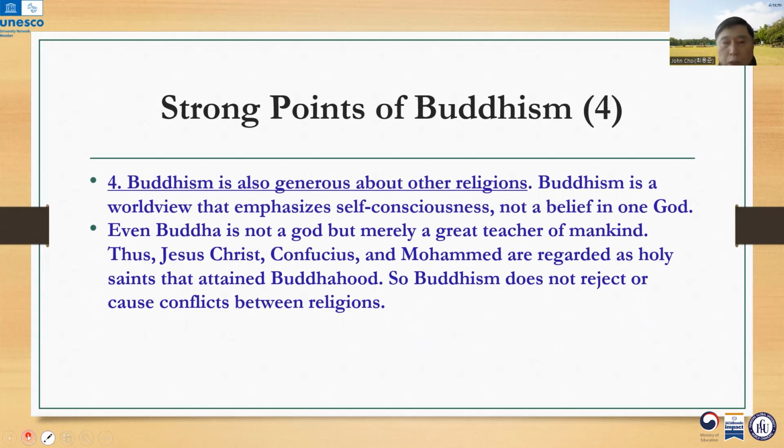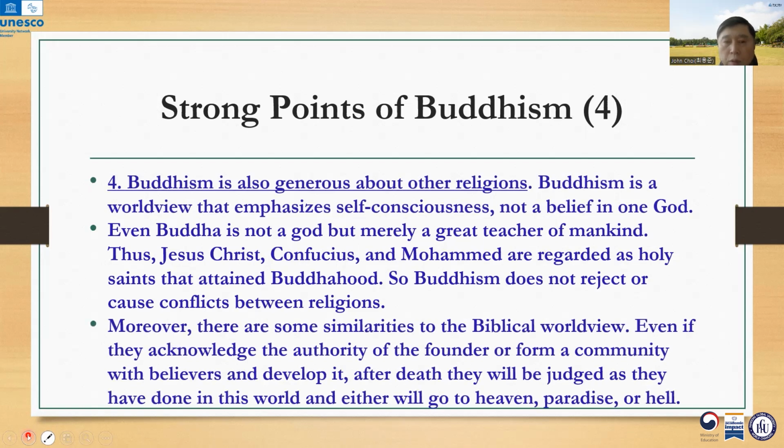Even Buddha is not a god, but merely a great teacher of mankind. So Jesus Christ, Confucius, and Mohammed are regarded as holy saints that attained Buddhahood. So Buddhism does not reject or cause any kind of conflicts between religions.